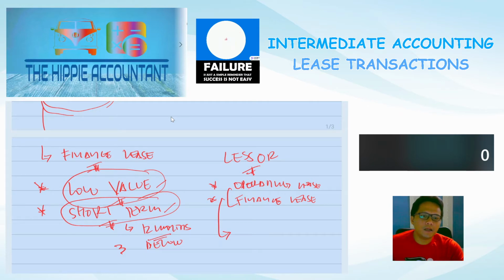Kumbaga, pag sinabi po natin na applicable na situation is kung makukuha ba niya yung mga guidelines on what should be reported as a finance lease or what should be reported as an operating lease. So that is one of the major difference. Pag sinabi po natin na lease accounting, magkaiba talaga ang treatment sa accounting ng lessor at lessee.